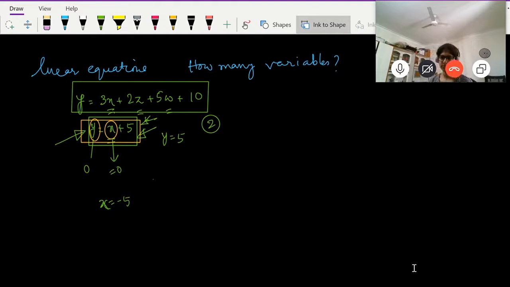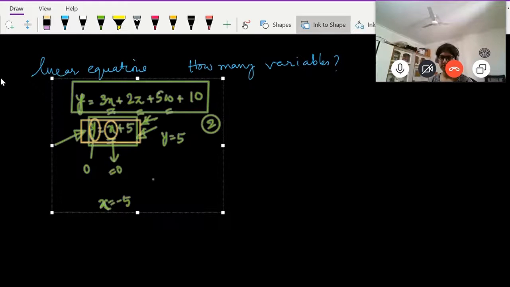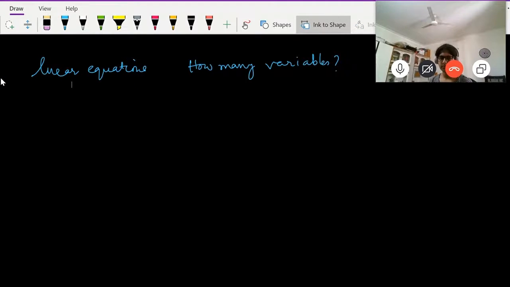Now let us look at straight line more carefully. So we take the same example, y equal to, let's say, 5x plus 2.